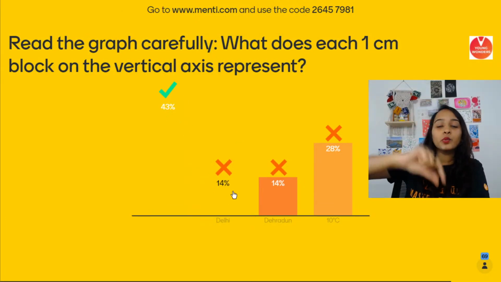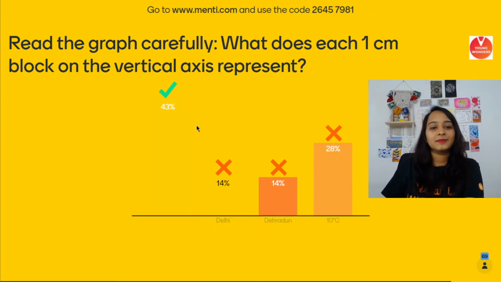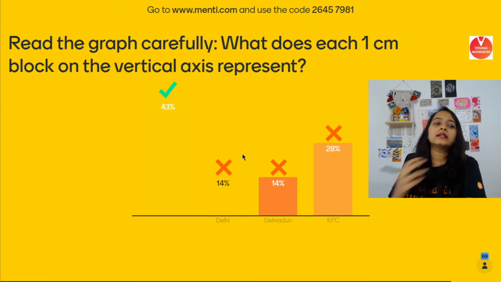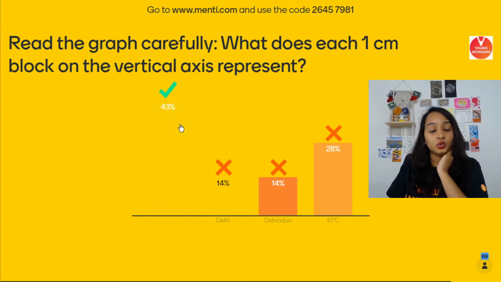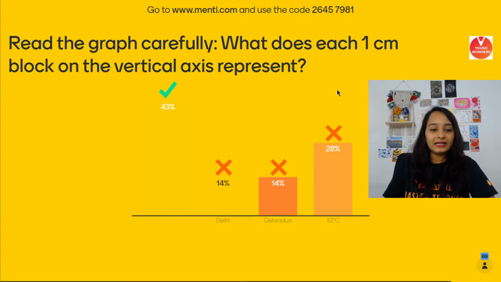So the vertical bars represent the temperature, right? So yes, majority of you have got the correct answer. Good job. No, 1 unit is equal to 10 degrees centigrade. Acha, 1 centimeter block in the vertical axis represent. Ooh, okay, 1 unit. Acha, they should be asking unit then. They didn't clearly mention. Okay.